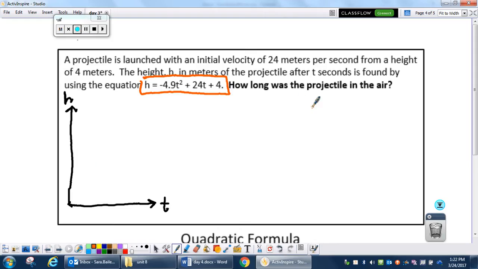The question asks, how long was the projectile in the air? So if here's where the projectile starts, it's going to go up like a parabola and then come back down. So this point right here is where the projectile hits the ground.